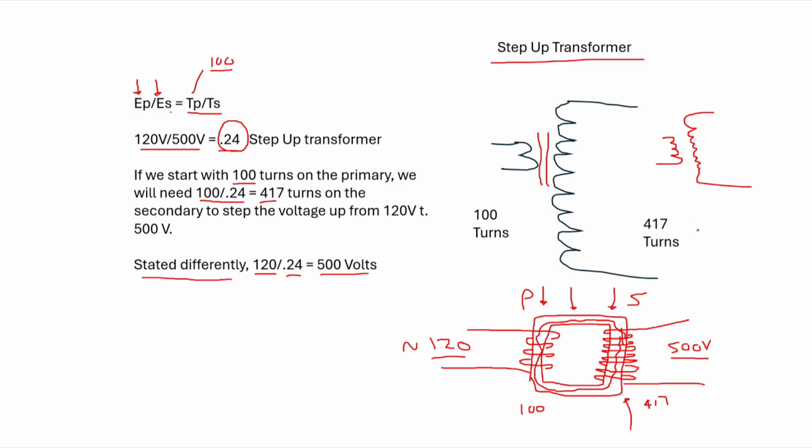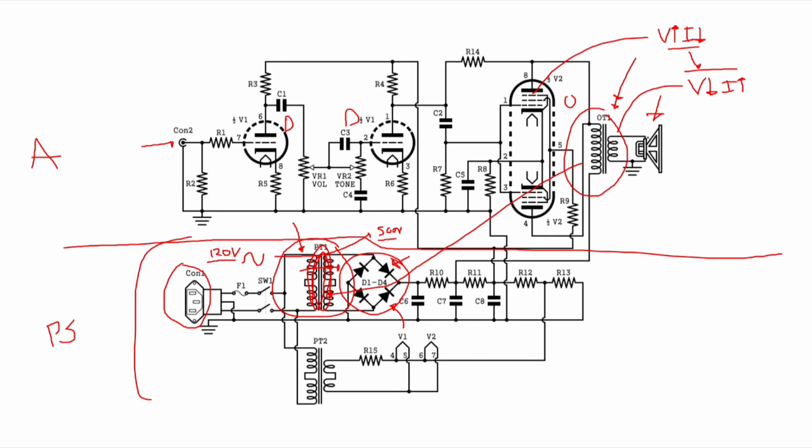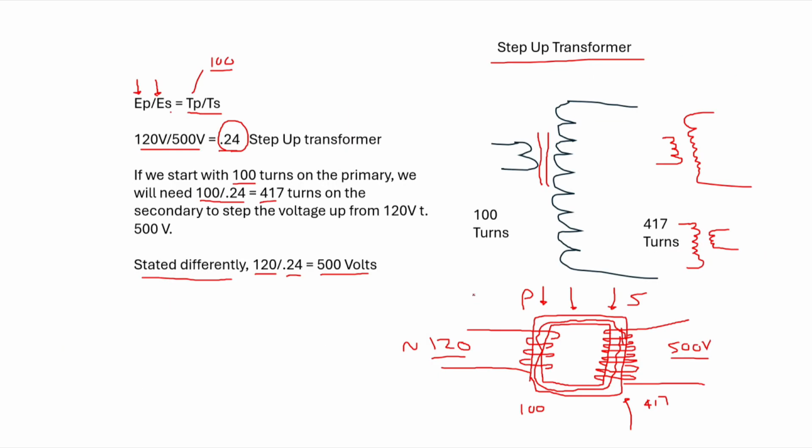If it's a step-down transformer, there'll be fewer windings in the secondary. You can see that's properly depicted here, but not properly depicted there. All right, now let's move on from there. It's just good knowledge. It's awesome to know.